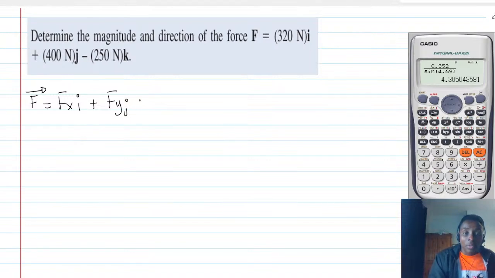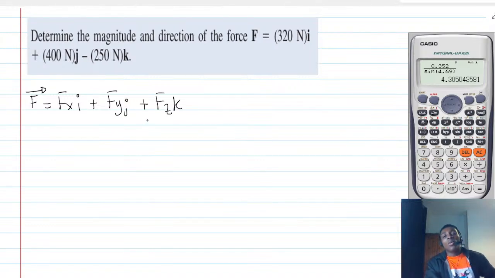Finally, plus Fz. So the component of the force is Fx along the x, Fy along the y, Fz along the z. But the i, j, k are basically the unit vectors, which we call unit directional vectors, associated with the force.